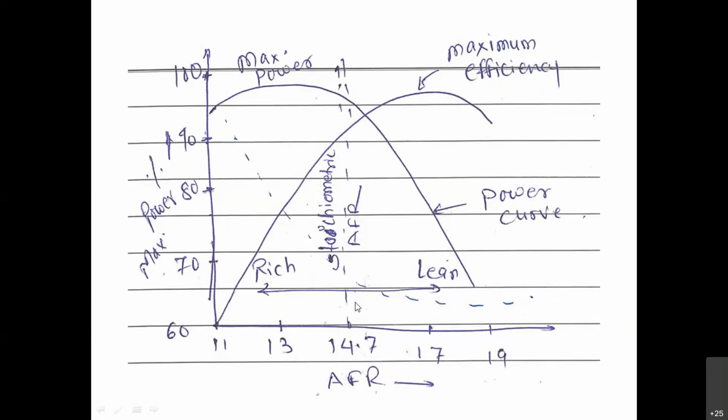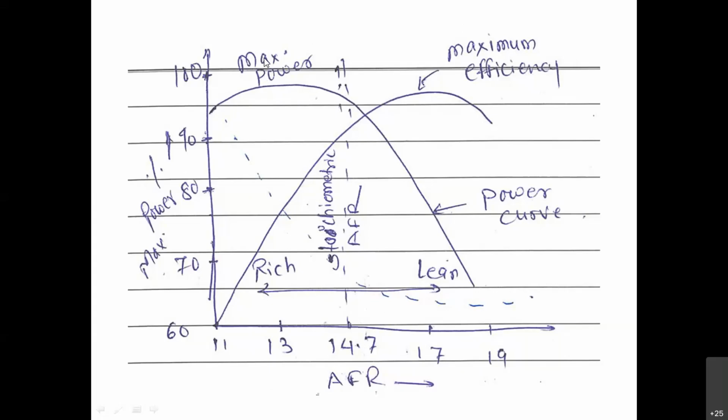After this ratio, that is for lean mixtures, we achieve maximum fuel efficiency, whereas for the rich mixture, below this 14.7, we obtain maximum power.